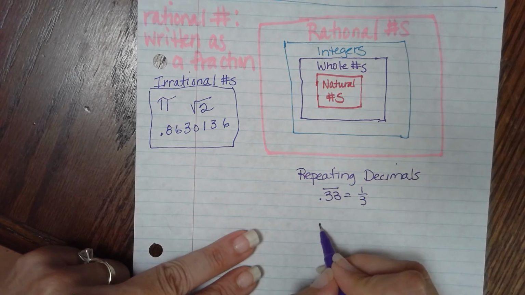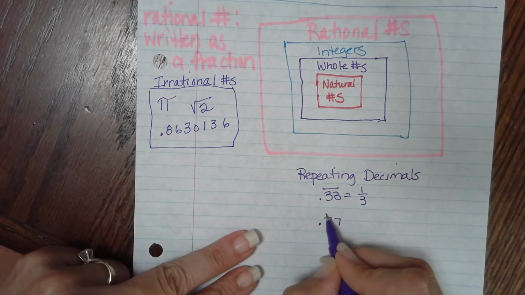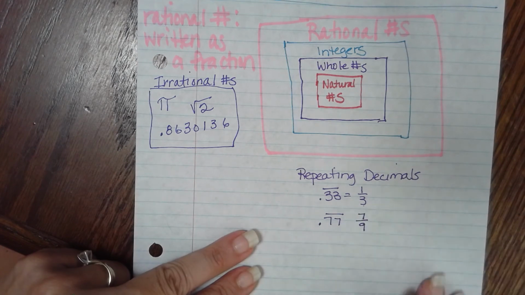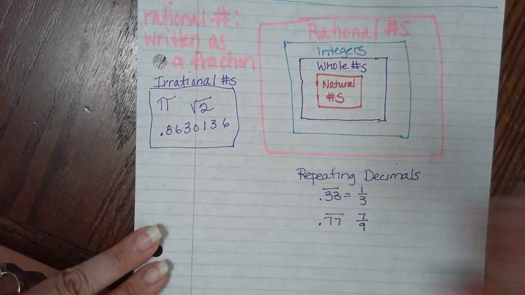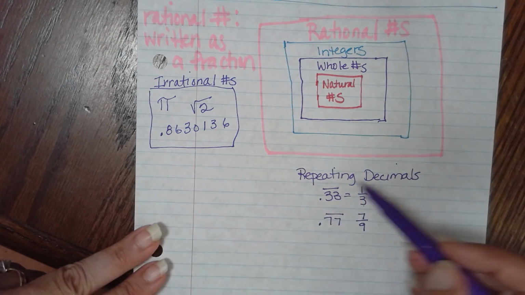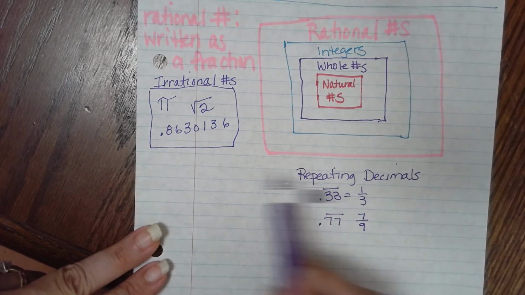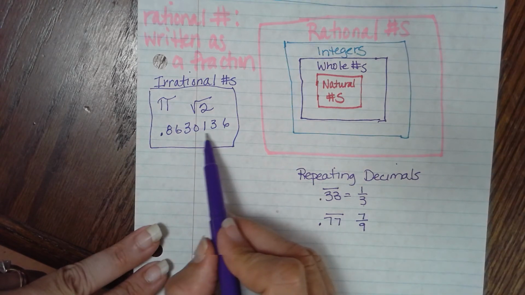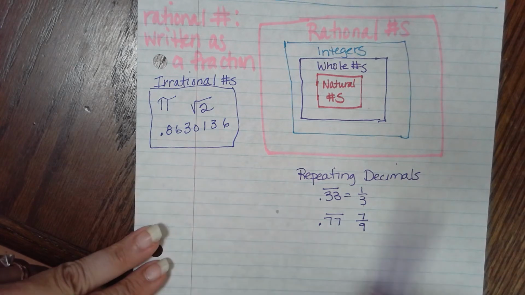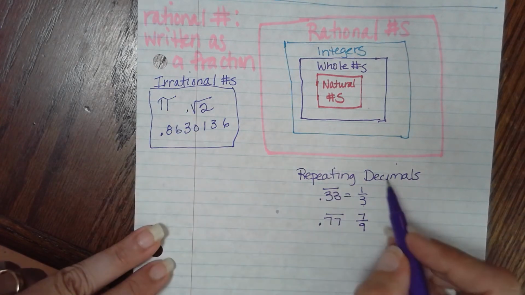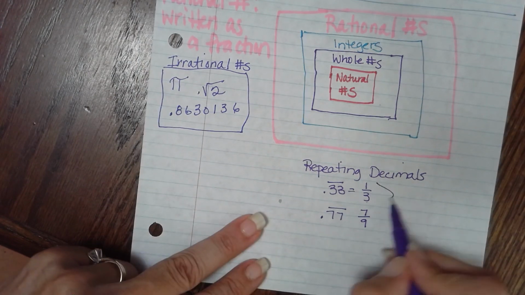Another one would be like this, 0.777 repeater, and it goes forever and ever. That also can be written as 7/9. So just because it's a repeating decimal and it goes forever and ever, these repeaters, since it's the same pattern, can be written as a fraction. A decimal like this is not a repeater. It has no rhyme or reason, no pattern. I can't write that into a fraction, and that's why these are irrational. But these are rational.